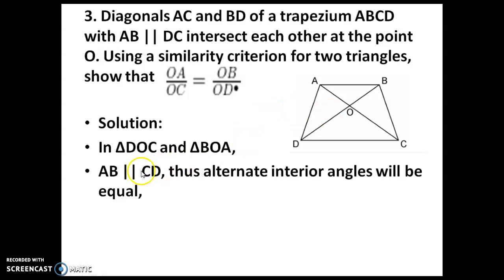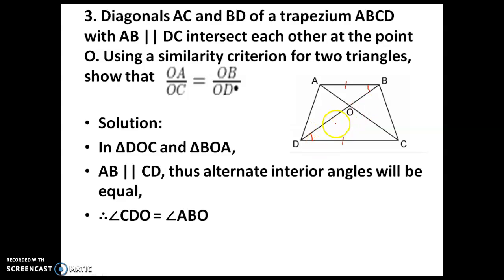Given, in triangle DOC, this triangle, and BOA, this upper triangle, in these two triangles AB is parallel to CD. So alternate angles will be equal. Angle CDO and this angle, these two are equal. Since these two lines are parallel, alternate interior angles will be equal.